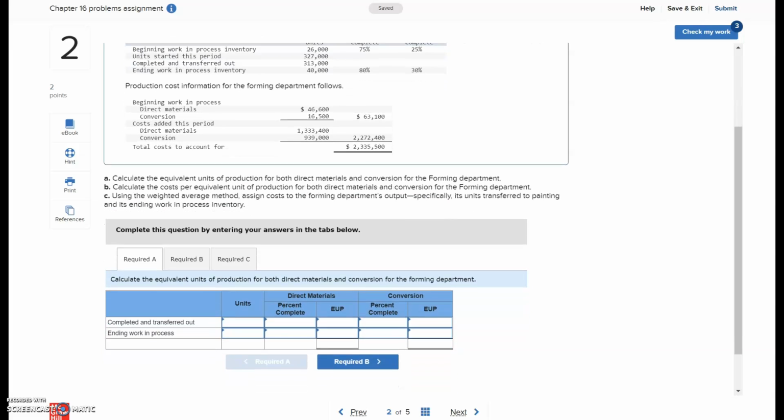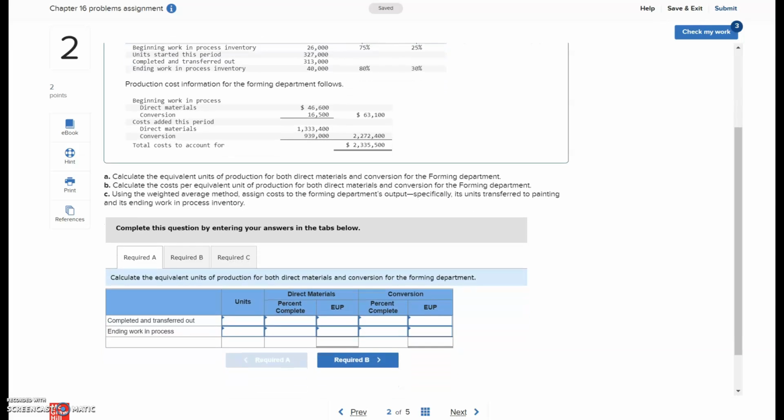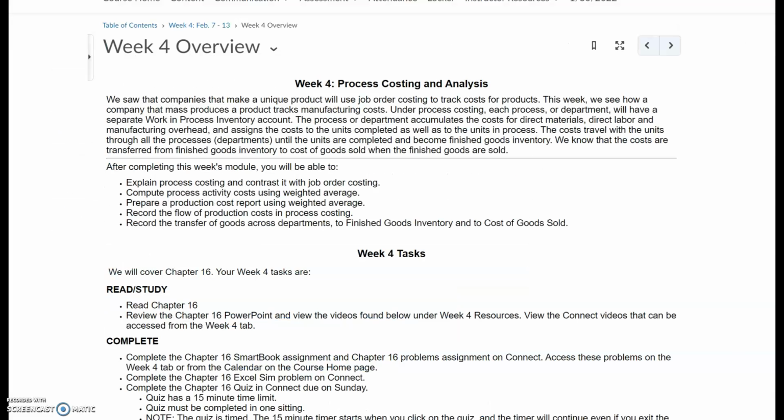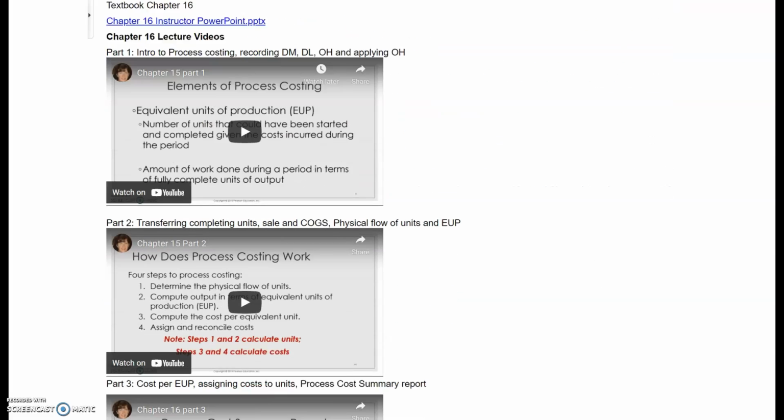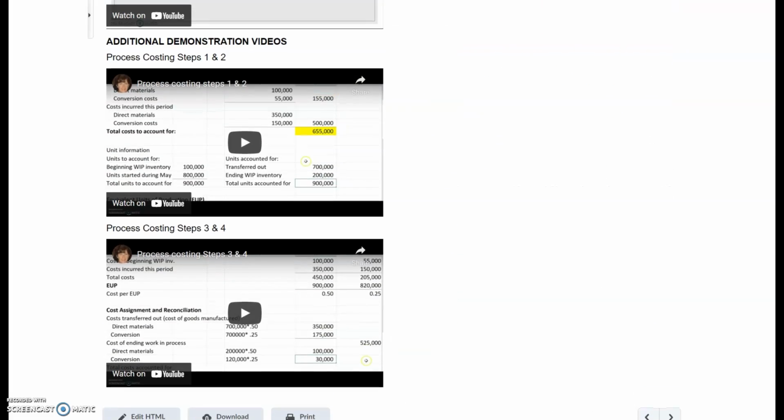Then the next ones are problems, and you're really going to be working on the problems. They're really repetitive. So you should have a pretty good feel for how the process costing works, the steps in the process costing. And I cannot recommend enough that you invest about 17 minutes of your time to watch my additional demonstration video.